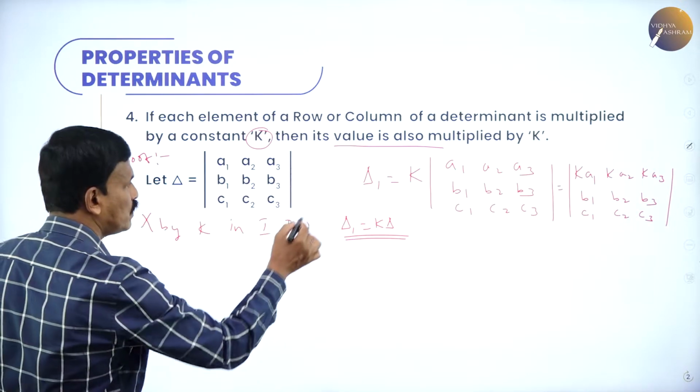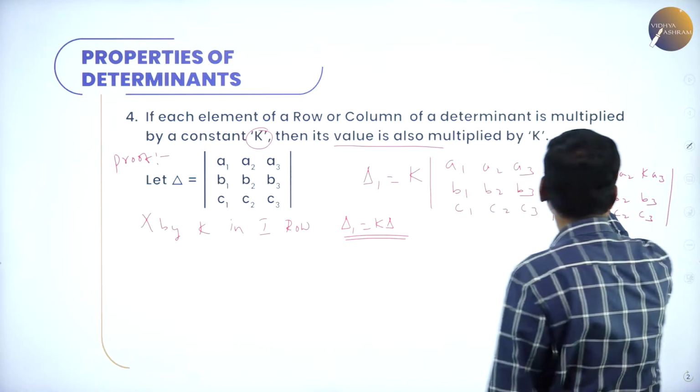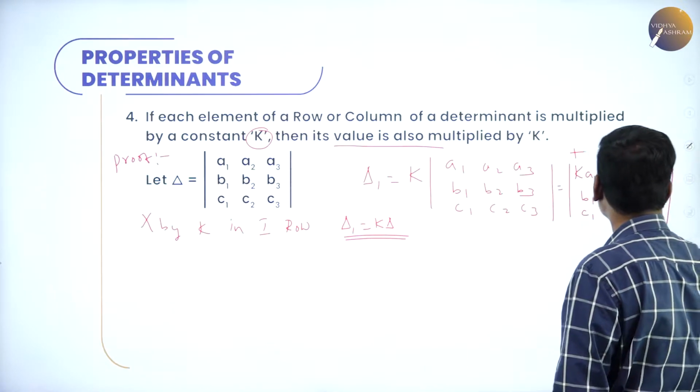Now let us simplify this with respect to the first row, with signs plus, minus and plus.